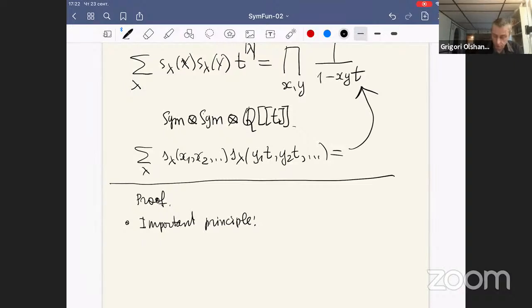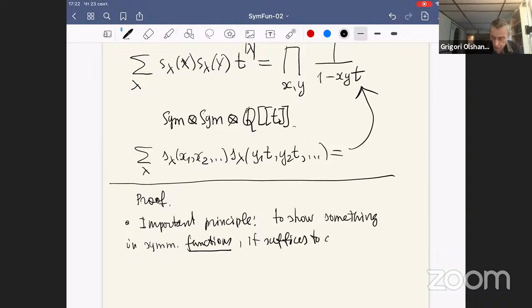It can be stated as follows: to verify some identity in symmetric functions, it suffices to check it for symmetric polynomials. That is, to keep only finitely many variables, and all the extra variables can be set equal to 0. Okay?